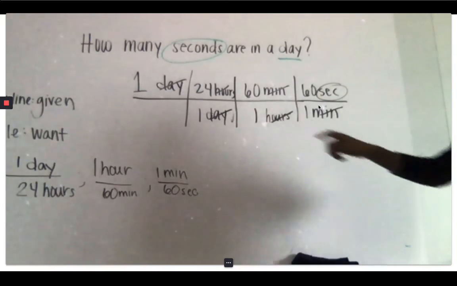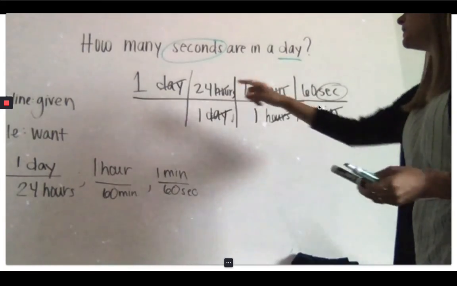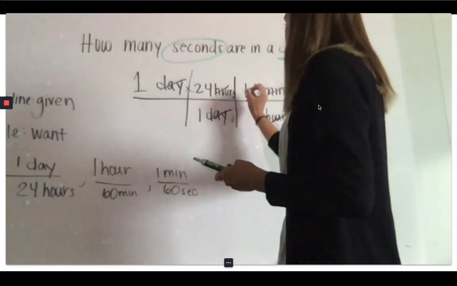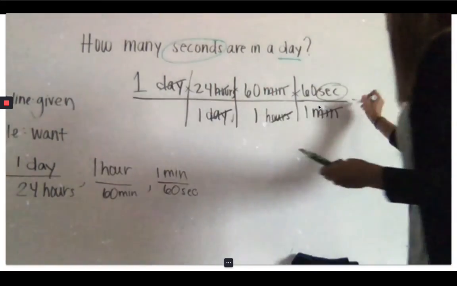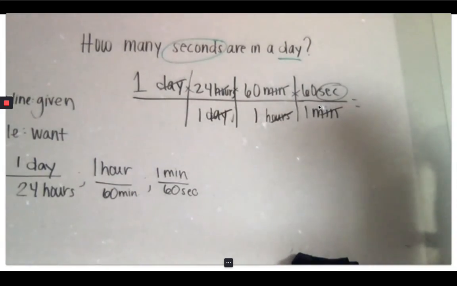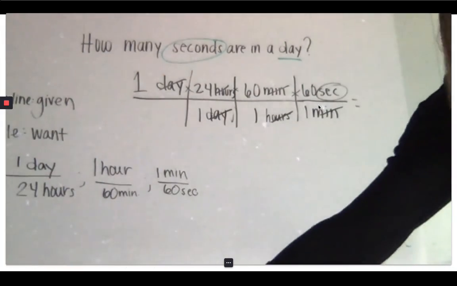So I'm going to multiply all the way across: 1 times 24 times 60 times 60. Go ahead and plug that into your calculator real quick while I plug it into mine.